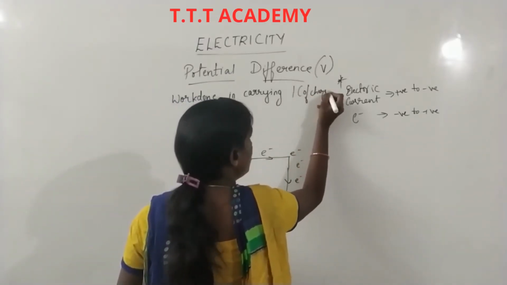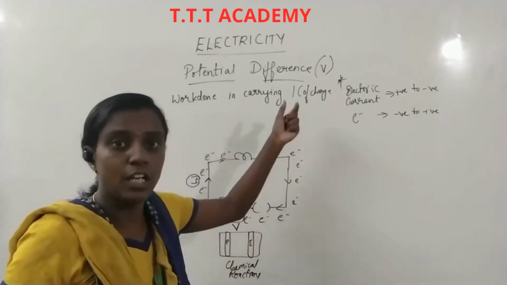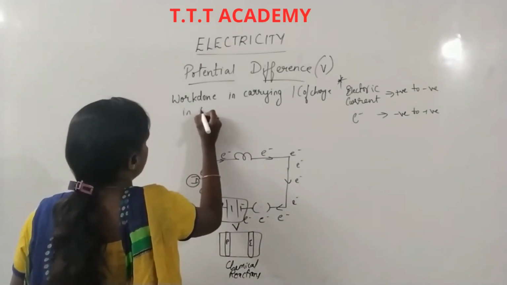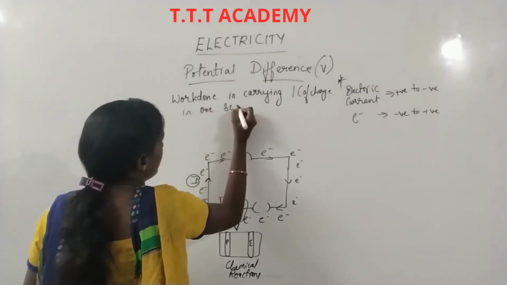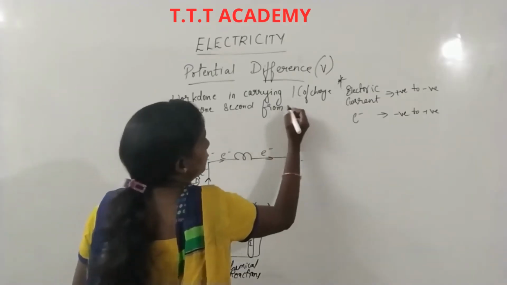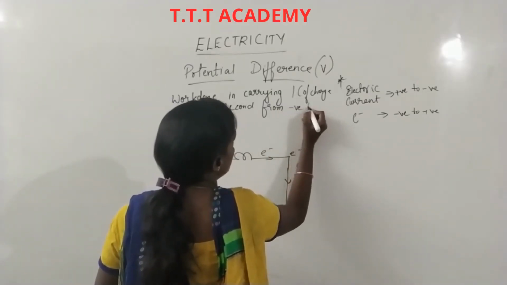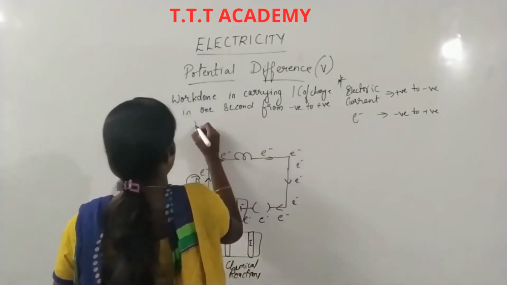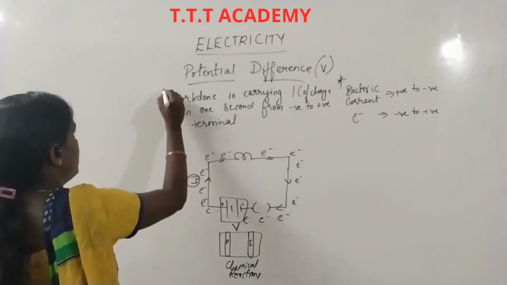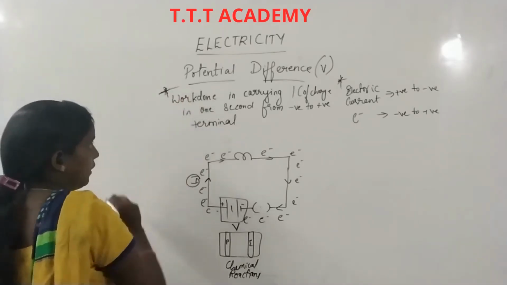Already I told you, unit of charge, we measure the charge by coulomb. So 1 coulomb of charge in 1 second from negative to positive terminal. Okay, negative to positive terminal. So this is the definition of potential difference.